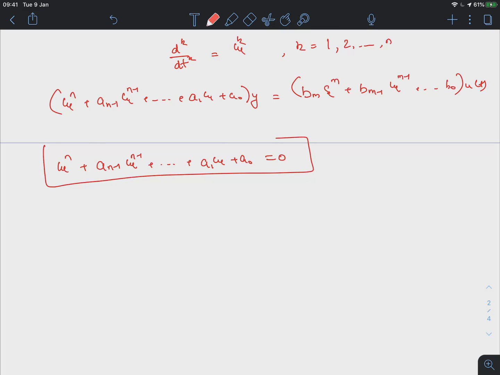This becomes our characteristic equation. Okay, and similarly if you see from the transfer function, if you put the denominator polynomial of the transfer function equal to 0, then it becomes your characteristic equation.